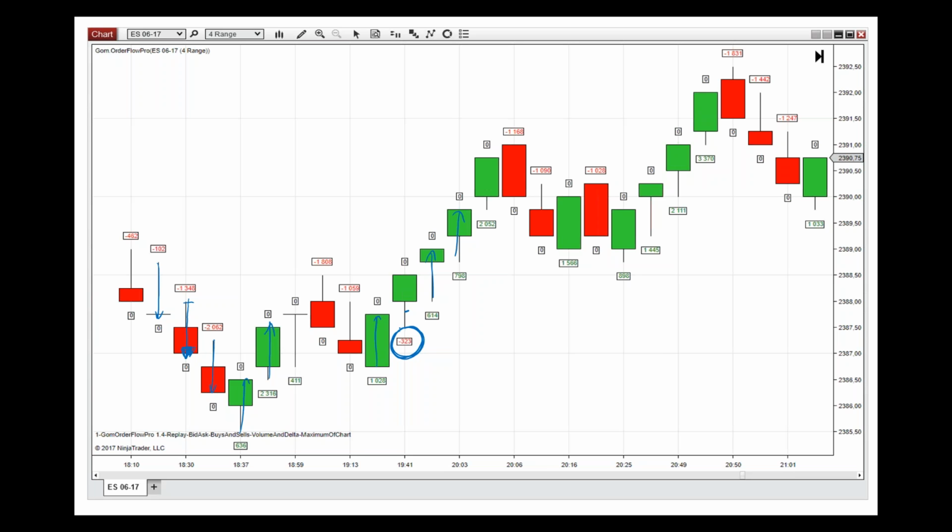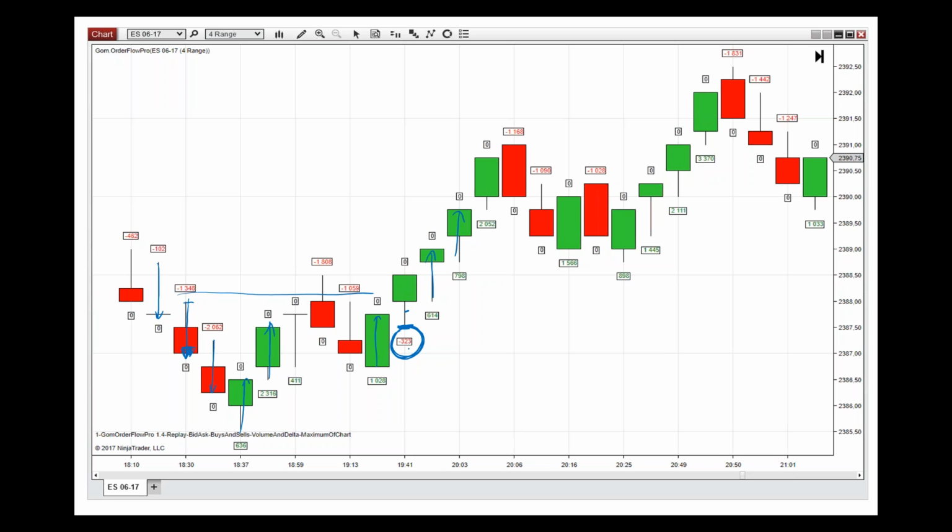So what does this mean? It means that from the bottom of the bar, 333 contracts were sold to try to bring the market lower, probably trying to bring it back below this level, and it's not working at all, because price actually moved higher and made a higher high.